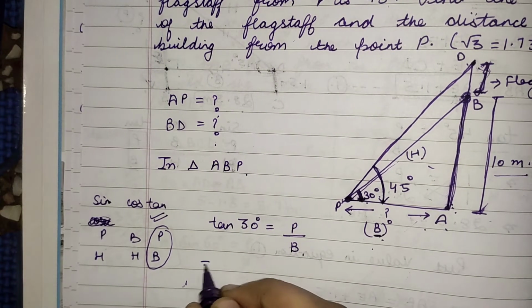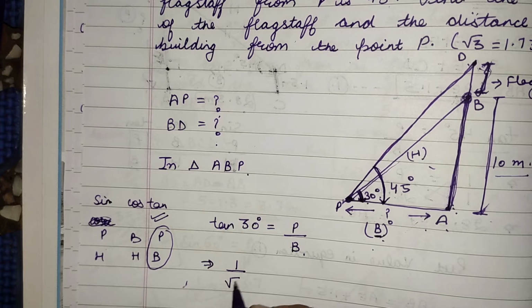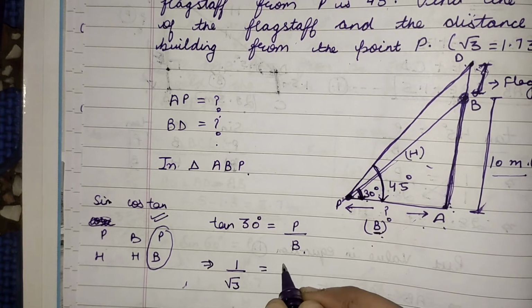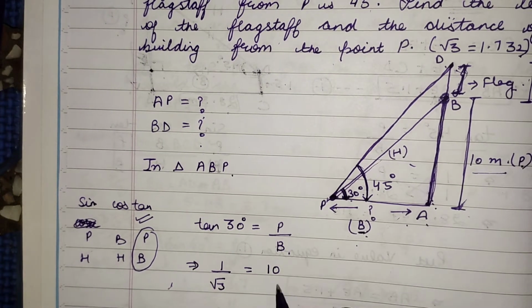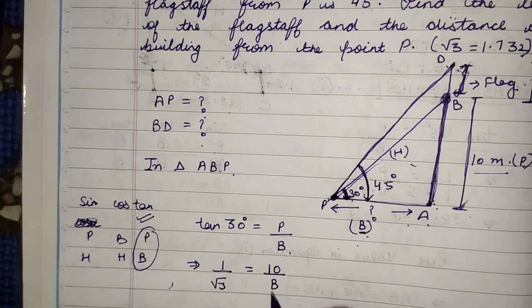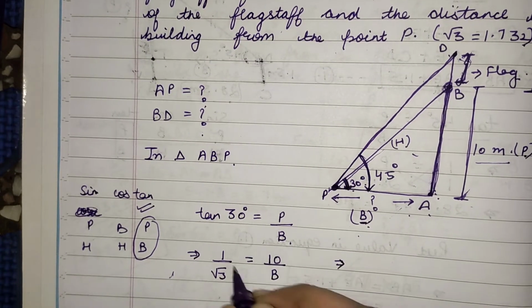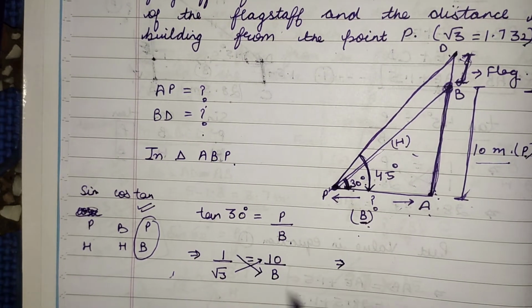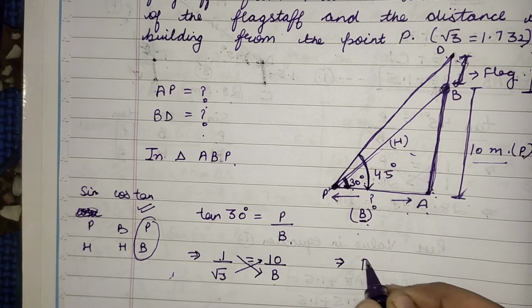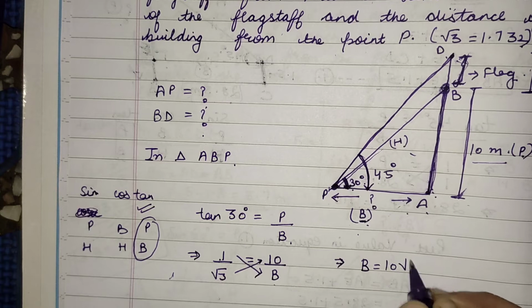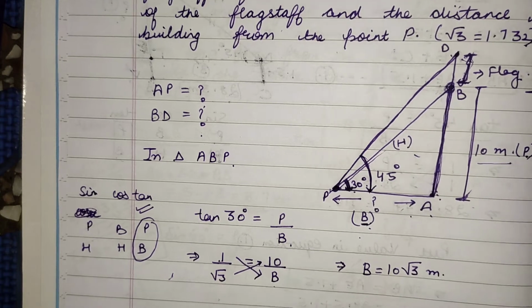Okay, so tan 30 is 1 by root 3. Perpendicular is 10, and base I have to find out. So cross multiply. If you do cross multiplication, then base will be equal to 10 root 3 meter.